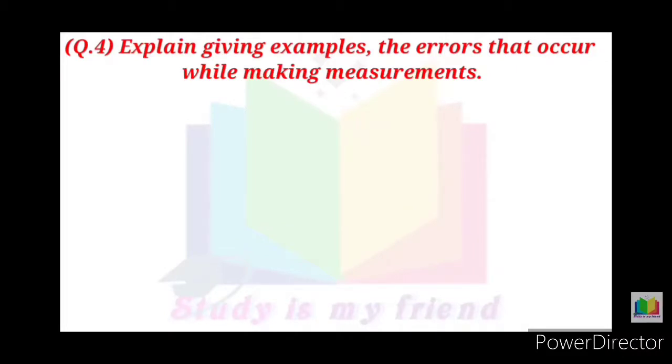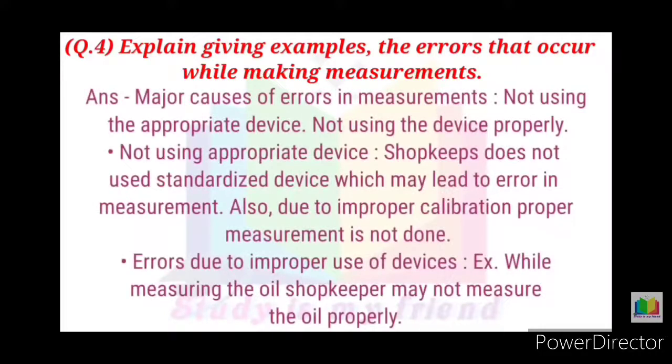Question 4. Explain, giving examples, the errors that occur while making measurements. Major causes of error in measurements: not using the appropriate device, not using the device properly. Shopkeepers do not use standardized devices, which may lead to error in measurement.